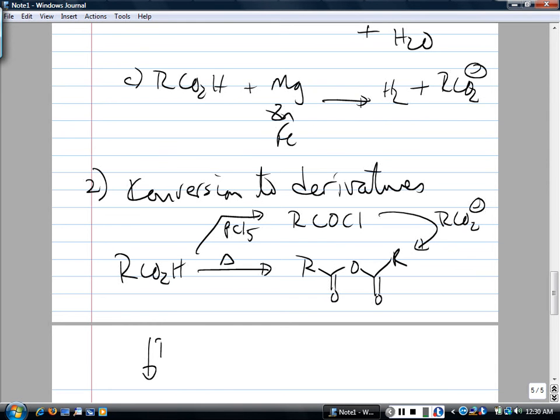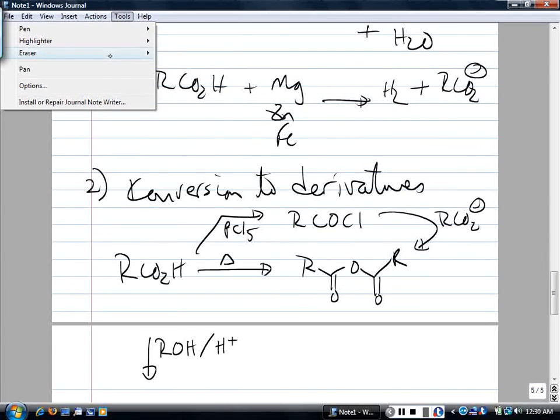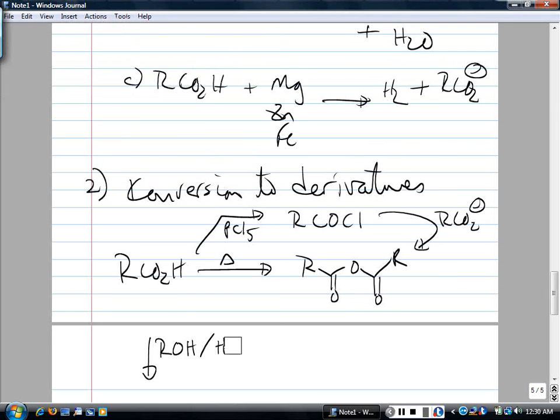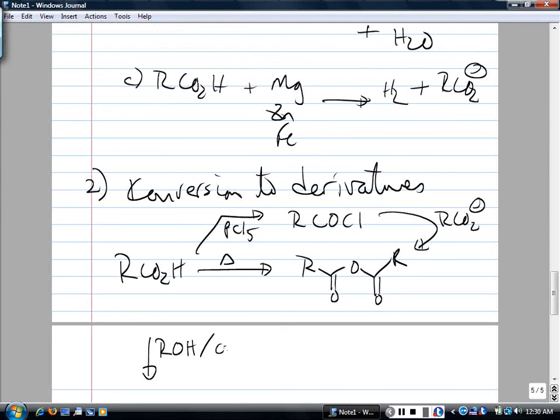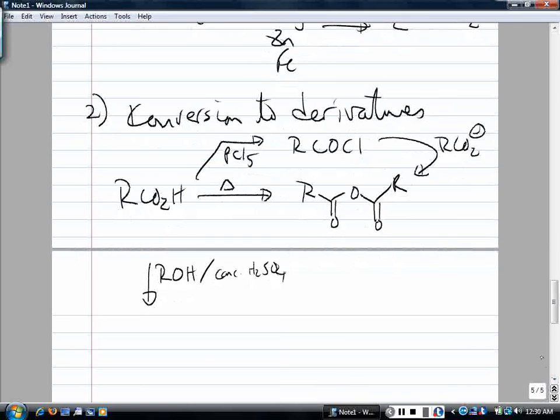If I treat the carboxylic acid with an alcohol in the presence of H+, usually say a dry HCl, or what is typically used is conc. sulfuric acid. So I use the alcohol with trace amounts of conc. sulfuric acid. And what you get is the corresponding ester. And we will talk about this reaction in a little bit.